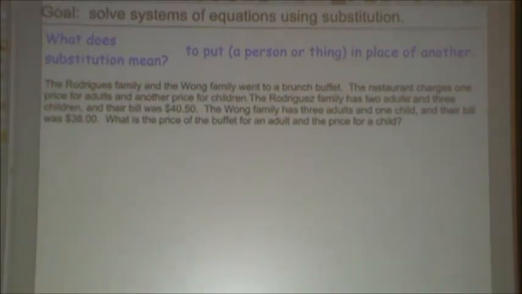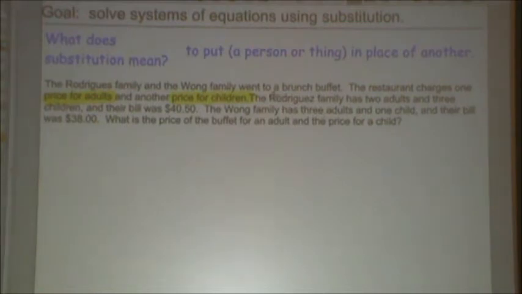So if we read our first example here, we find out, as you read it to yourself and I read it to myself, that we have a family that's going to brunch buffet. We know that there's a price for adults and a price for children. We don't know what the price is, but we know they have it.